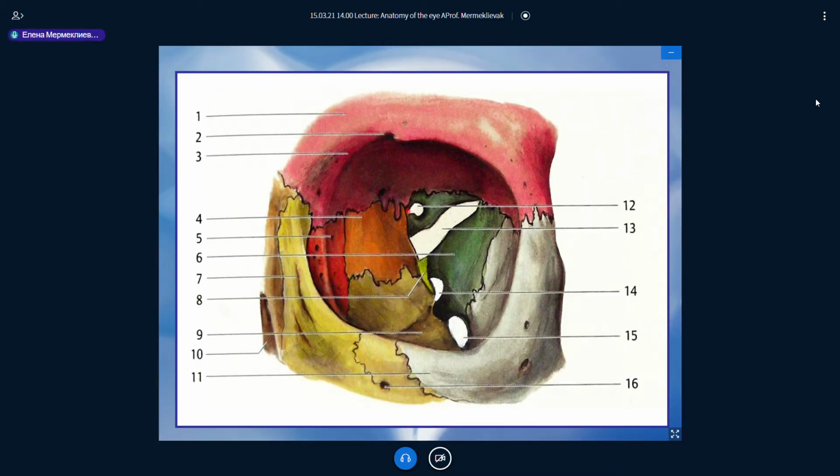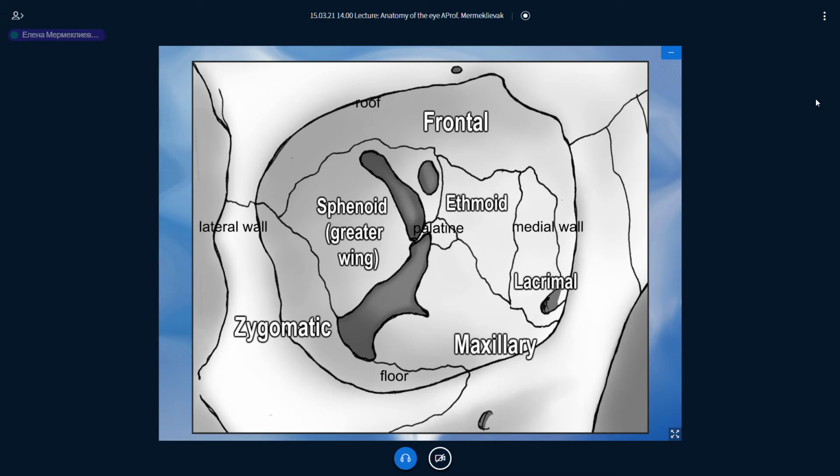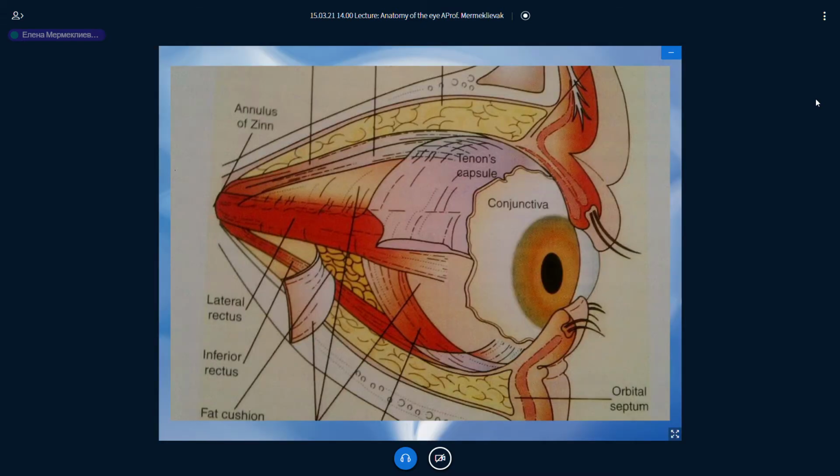Again, the bones and the fissures and the foramens. And here are the other structures, not only the eyeball and the muscles and the adipose tissue and nerves and vessels.